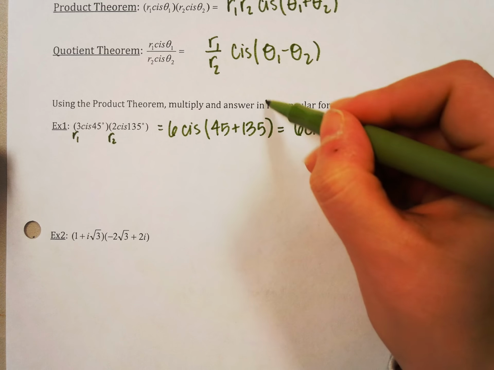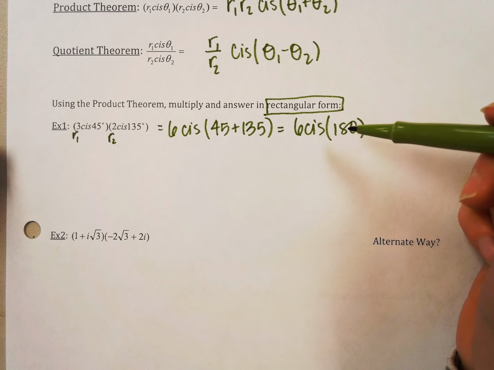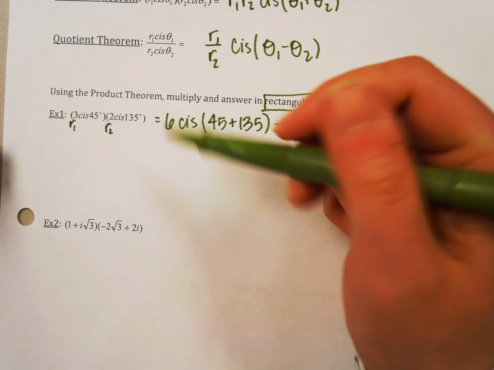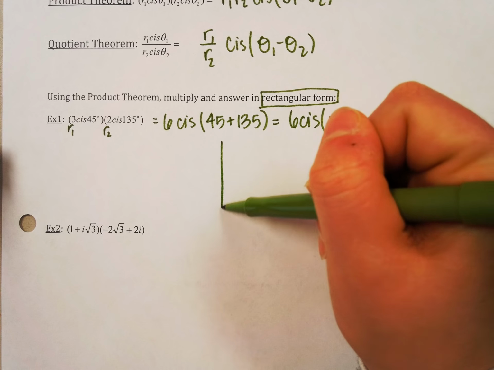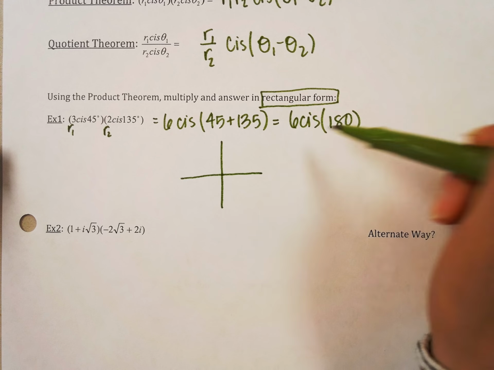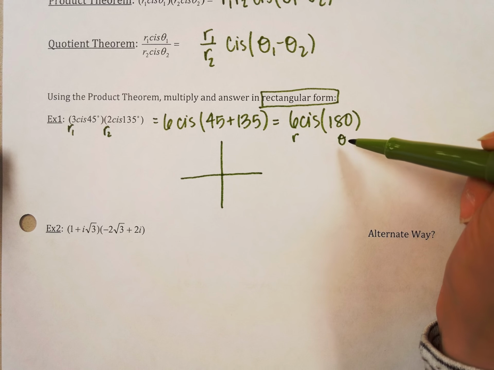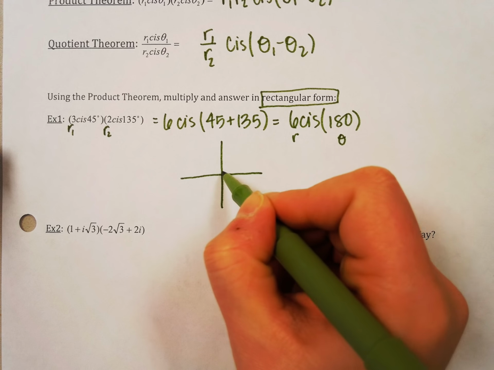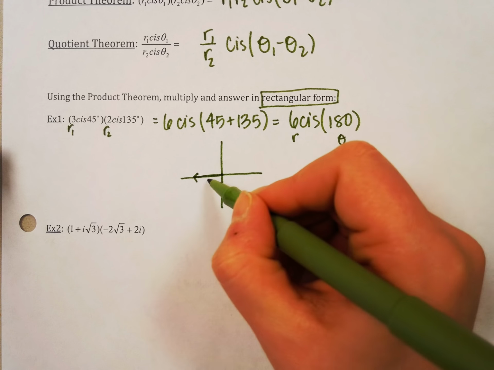We want to answer this question in rectangular form. Right now we have the product in polar form, so we want to represent it in rectangular form with our real component and our imaginary component. So we're going to draw a diagram and represent this r and this theta, the length of our vector and the direction of our vector. We're at 180 degrees, which is on our x-axis, and the length here is 6.